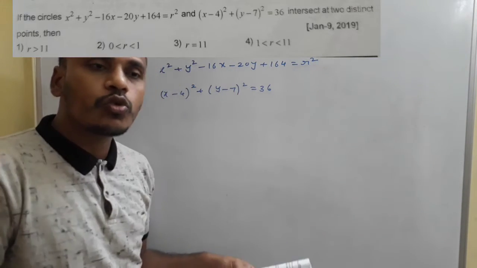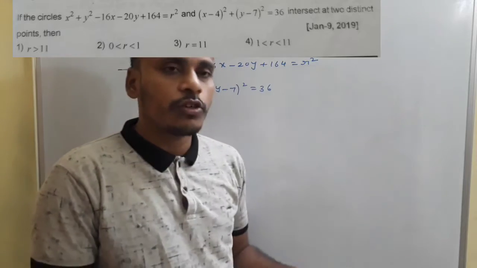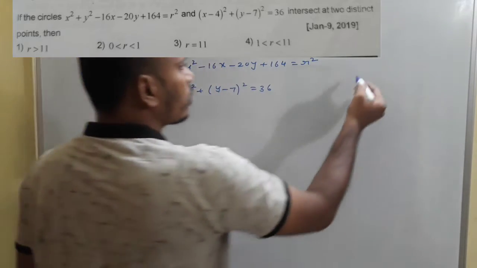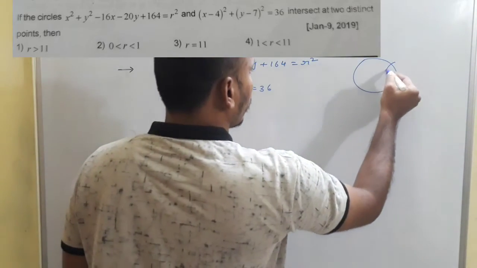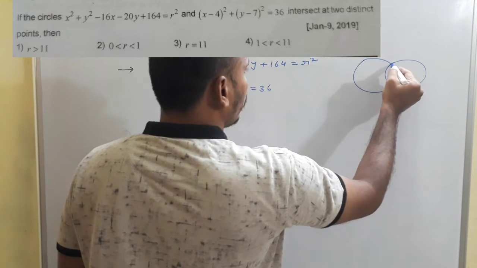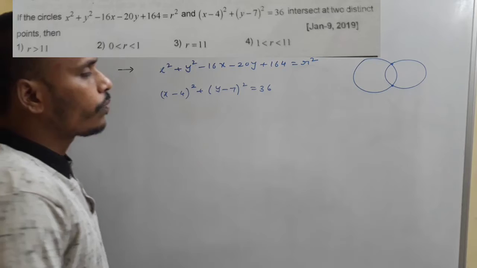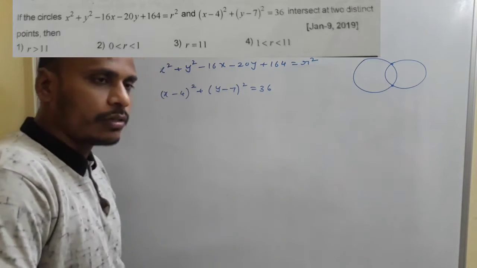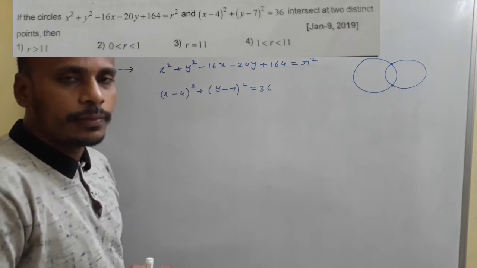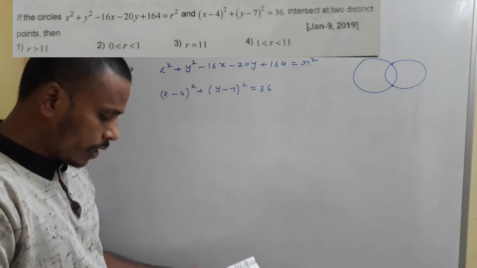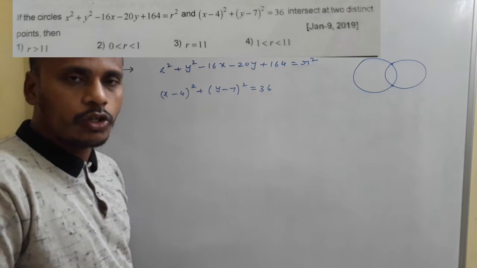As given, these two circles intersect at two distinct points. These two circles are intersecting because they make two distinct intersection points. We need to find the range of r according to the options.